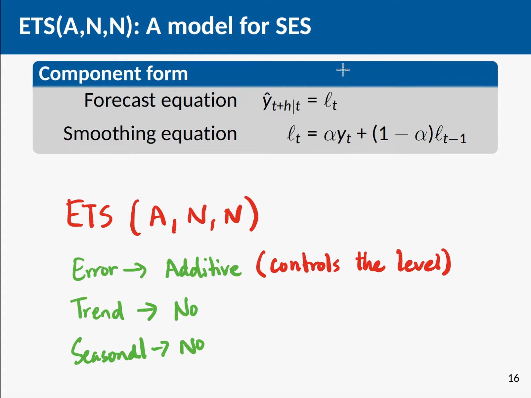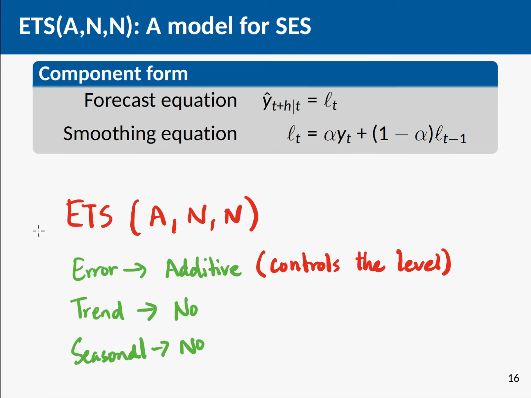You would only have a forecast equation that says that the forecast equals the level of the time series. Okay, and the level of the time series itself is a weighted average of the level in the previous period and the value of the time series at time t.